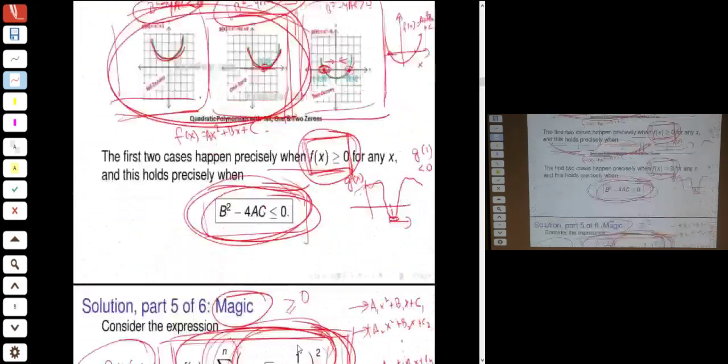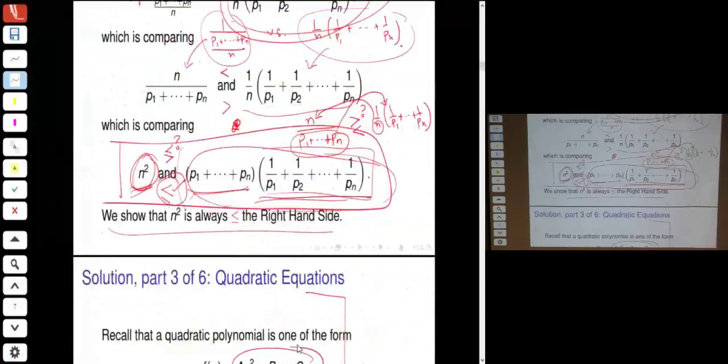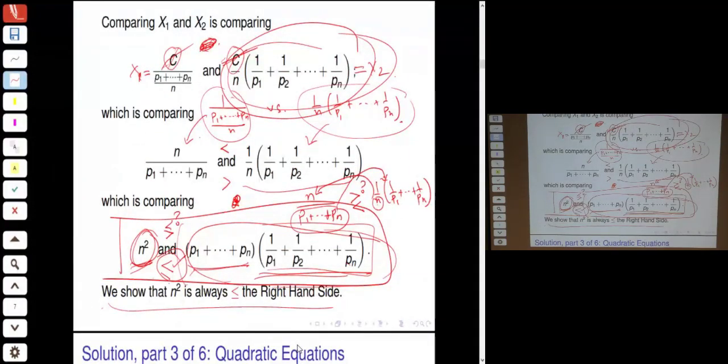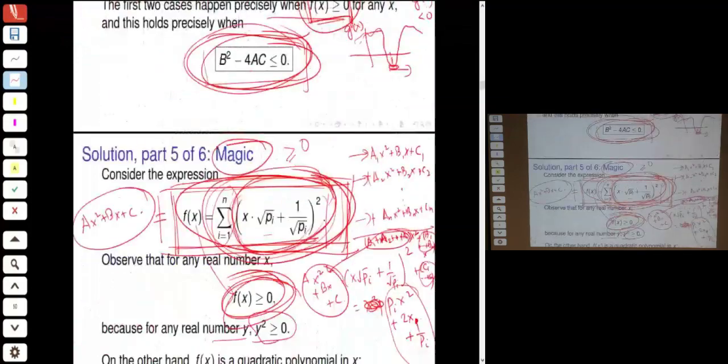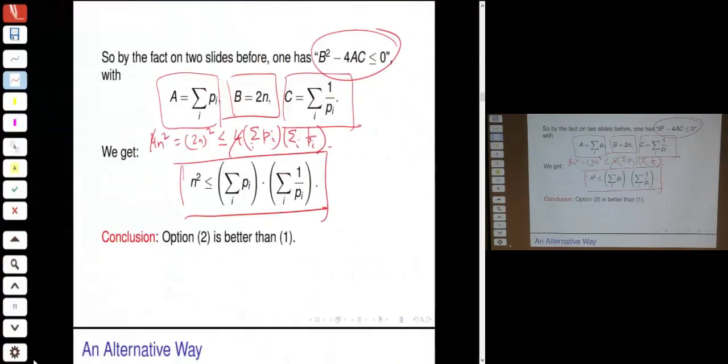And recall from one of the previous slides, just before the break, we had a comparison between n square and summation pi times summation 1 over pi. Here we just showed that n square must always be less than or equal to summation pi times summation 1 over pi. Just before the break we argued that if n square is bigger, then option 1 is better.